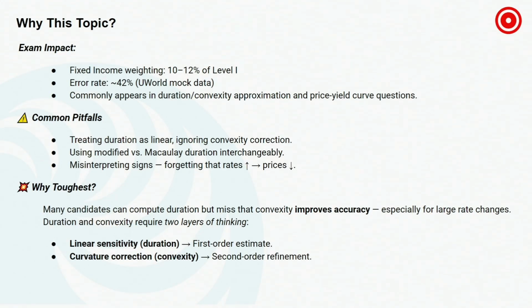Why is this a tough concept? Well, there's a number of formulas within this part of the curriculum that apply to both duration and convexity. And while it's important to know those formulas, I think what candidates often miss are the larger concepts on bond portfolio management that are inferred from duration and convexity.